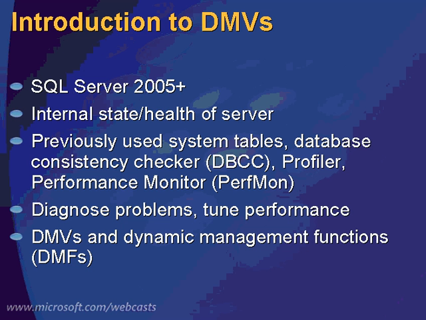We might also have used Profiler, and a number of things that we can now find out using DMVs would have required us to already have a trace open inside Profiler. But now, when we have a problem, we don't have to think, that's a pity I didn't already have Profiler open. We can use a DMV and look at what's going on at the time the problem occurs, without needing to take that action beforehand.